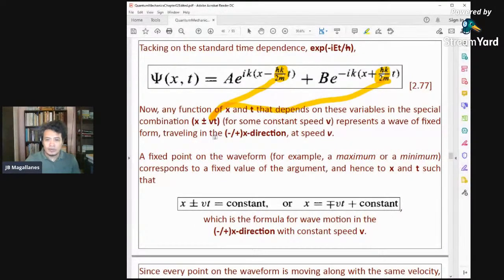For the negative one, it's going to the right. For the positive one, it's going to the left, or the negative direction, at speed v. So that's it.